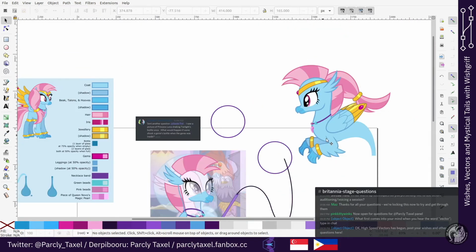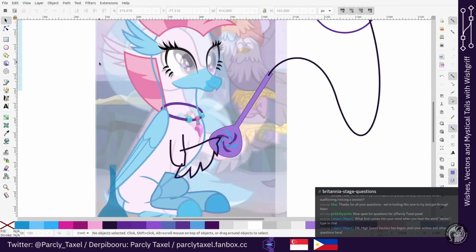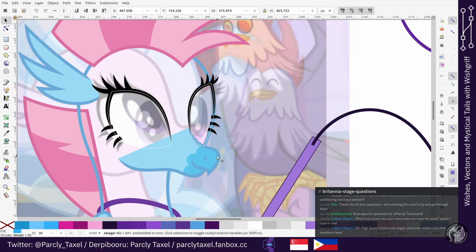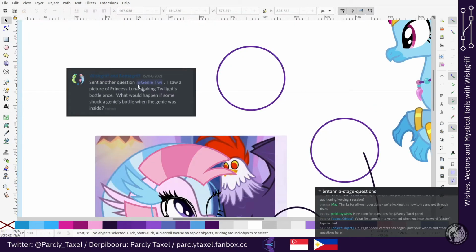This is part of the vector I drew here. So what are we going to do? I'm answering this ask that was made on 15 April: what will happen if someone shook a genie's bottle while the genie was inside?